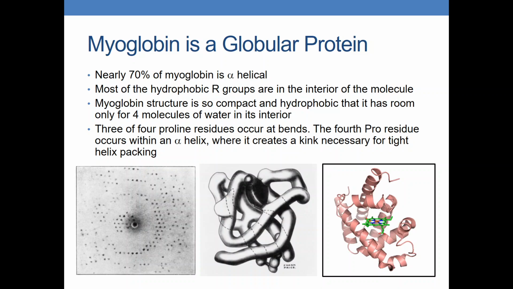Kendrew initially started by studying horse myoglobin, but he soon realized that the oxygen storing molecule in tissues should be more plentiful in aquatic mammals that dived and remained underwater for appreciable time periods.